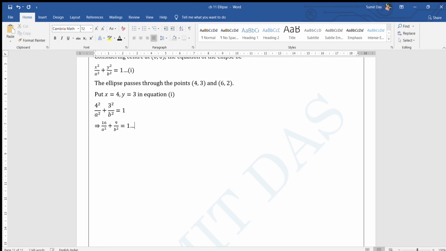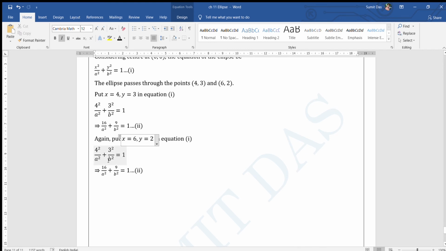So mark this one as number 2. This will take fewer steps. Similarly, put x equal to 6 and y equal to 2 in equation 1.